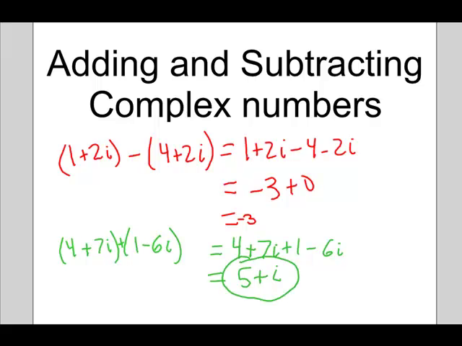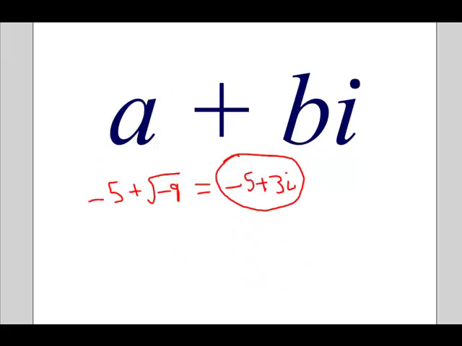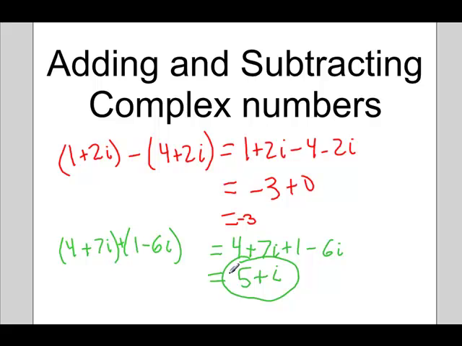So it's 5 plus i, which is in our form, a plus bi. Alright, so you can add and subtract i terms, basically.